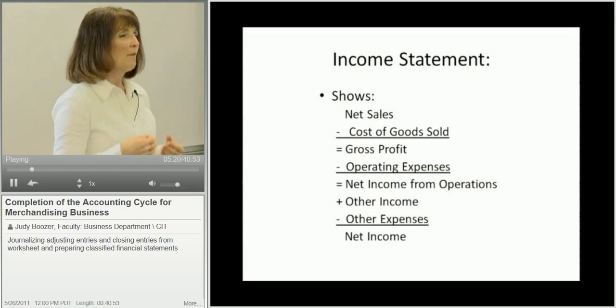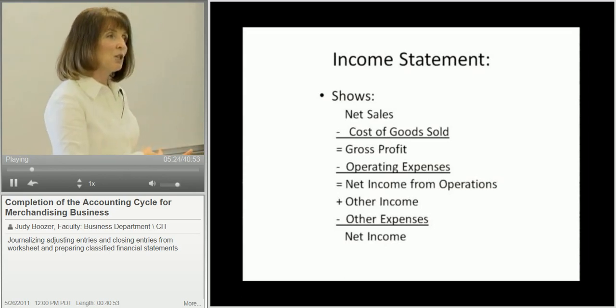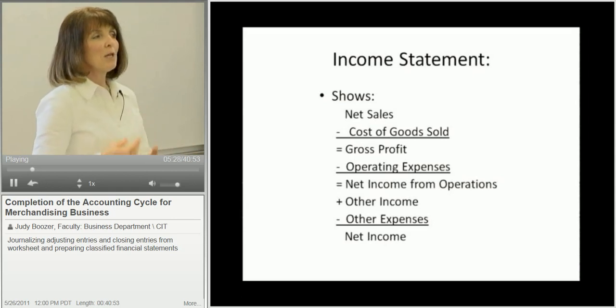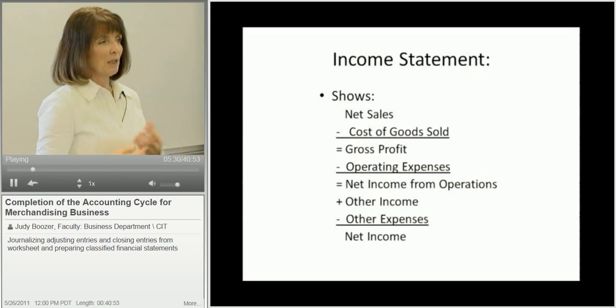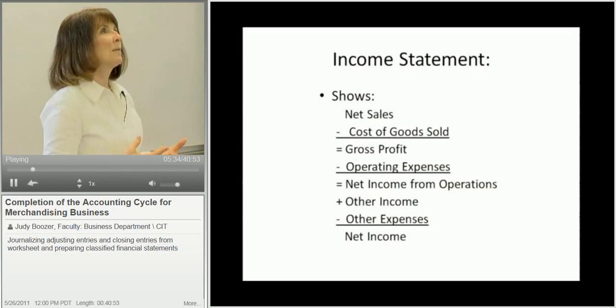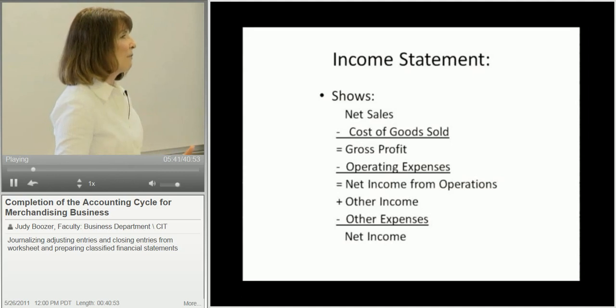And then we have maybe some other expenses not directly related to the operation of the business, and or some other income not directly related to the operation of the business. Let's think about that. Maybe we have a staff room in the office that has a vending machine. Is that necessary for the operation of the business?